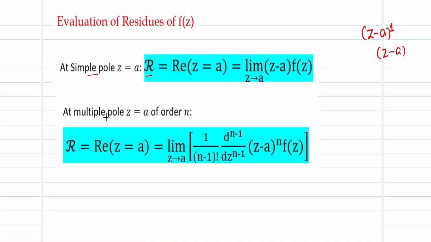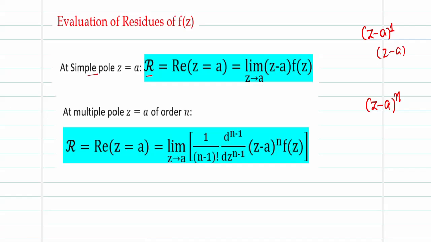What happens at a multiple pole z is equal to a of order n? So this is nothing but z minus a the whole to the power of n. If you have a pole of order n at the point z is equal to a, then the residue is estimated as limit z tending to a, 1 divided by n minus 1 factorial, d power n minus 1 by dz power n minus 1, that is the n minus 1th derivative, of z minus a power n into f of z.